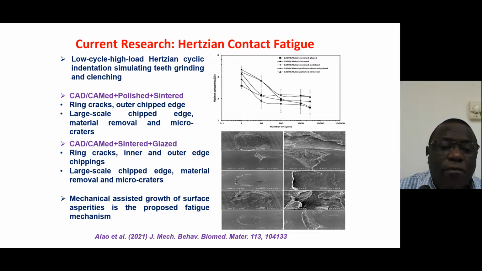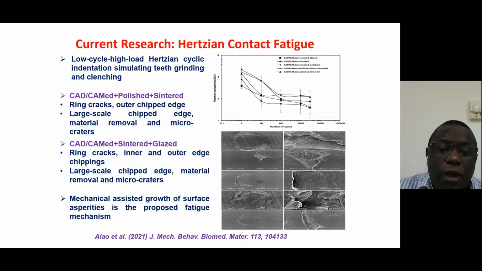Now, after getting the manufacturing processes for the 2 dental ceramics, there was a need to test their performance, that is structure, property, processing, then performance. So one of the ways to test their performance was the fatigue test.